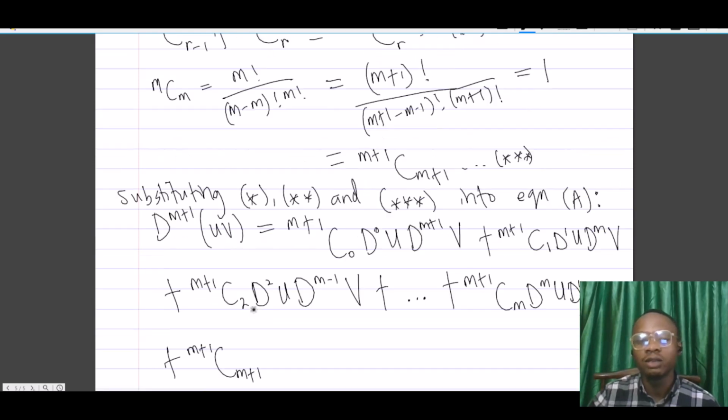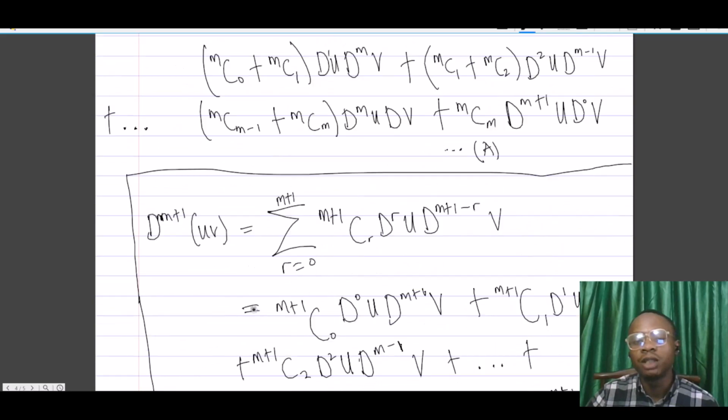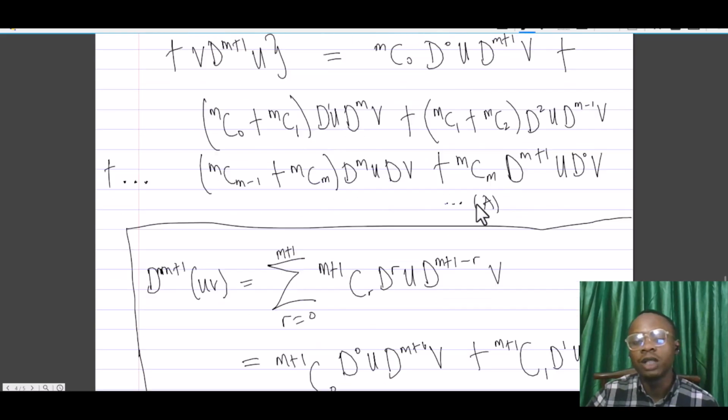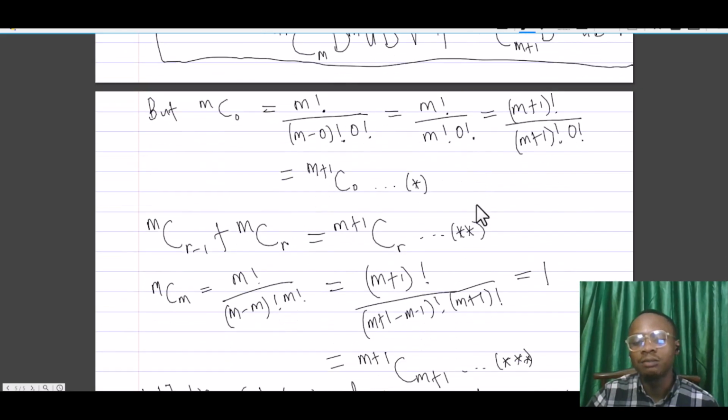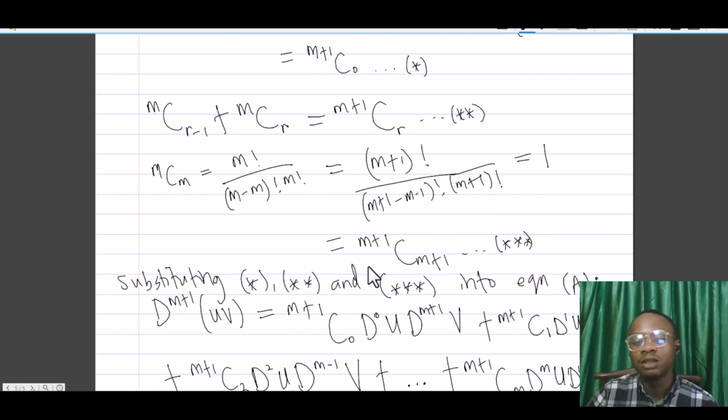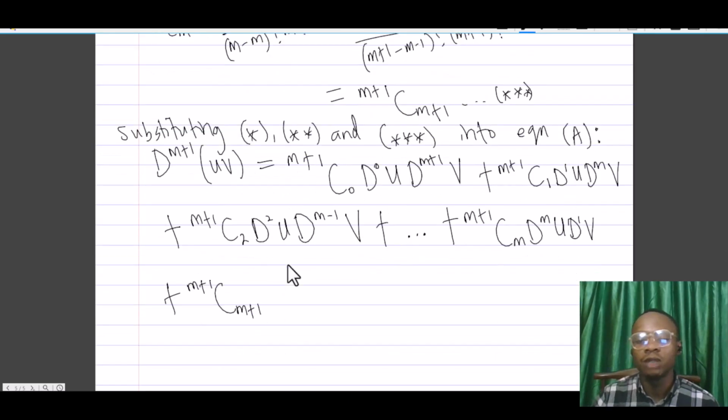Since we already know that m combination m, by our equation star star star, is the same thing as m combination m plus 1, this is m plus 1 combination m plus 1 into d0 u, then d0 of b, that will be the m plus 1 u, then d0 b. So that is that.